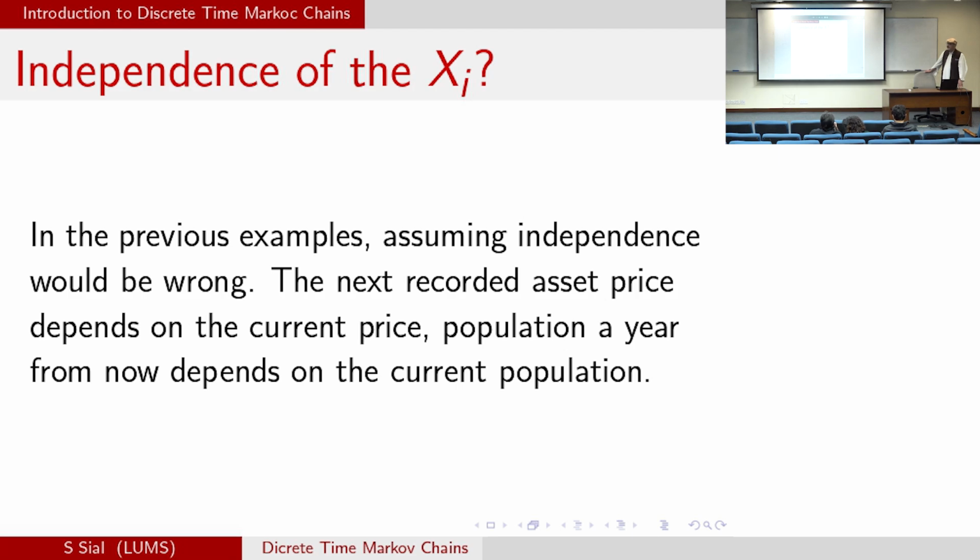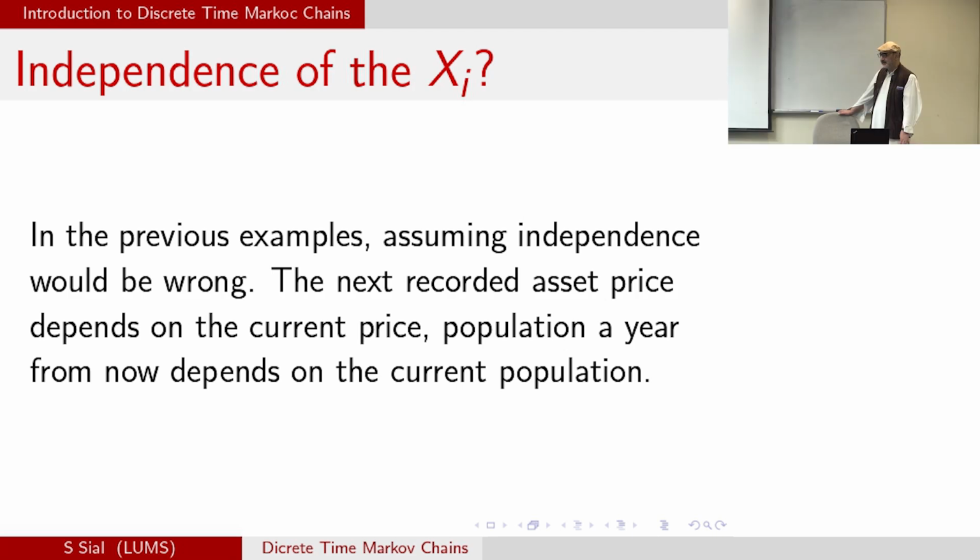If you have a given population in one year, then the next year's population should strongly depend upon the current population. The stock one, again, you would probably be able to fit some sort of a model to it.